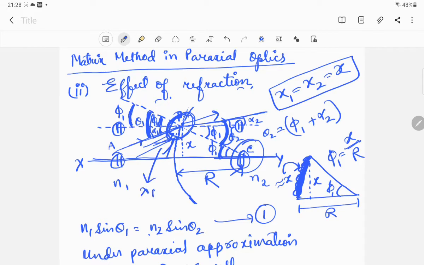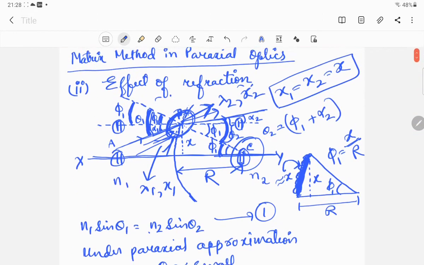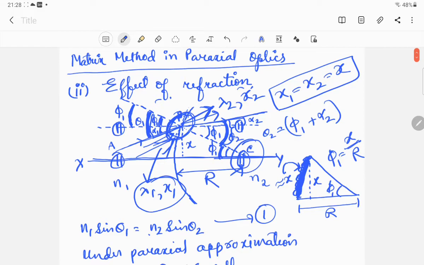It was lambda 1 and x1. When the ray left, emerging after refraction, the angle was lambda 2, because the angle made is theta 2, and the height was x2. So this is the initial and this is the final.